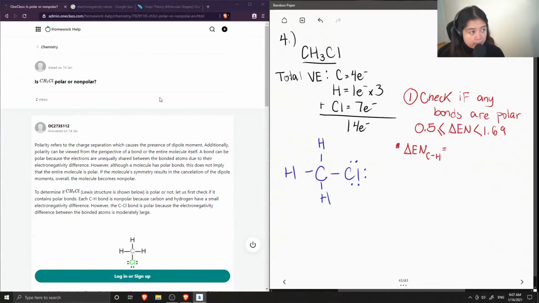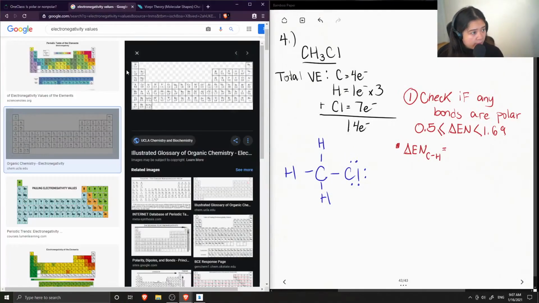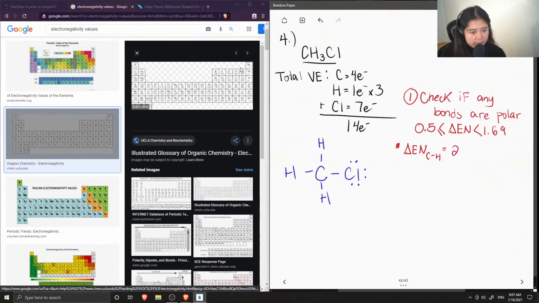We just look up the electronegativity values: carbon has an electronegativity value of 2.5, and hydrogen has an electronegativity value of 2.1. So 2.5 minus 2.1 is equal to 0.4. So the carbon-hydrogen bond is considered nonpolar.